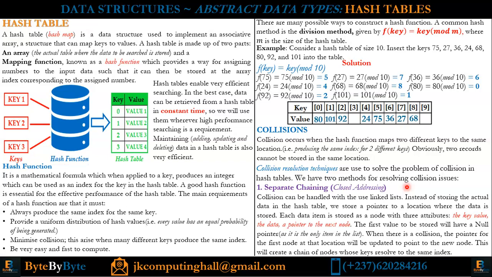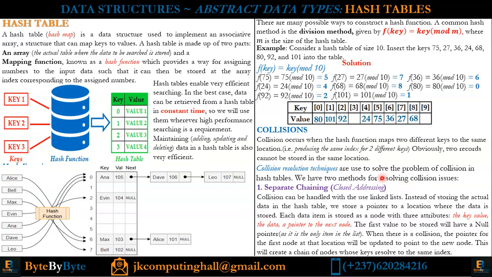But when we have another data element that is supposed to be stored at the same index, our first element, which has a null pointer, will be updated in such a way that its pointer will point to the location of that other data item stored at the same location. This will create a chain of nodes whose keys resolve to the same index, and that is what we call separate chaining.